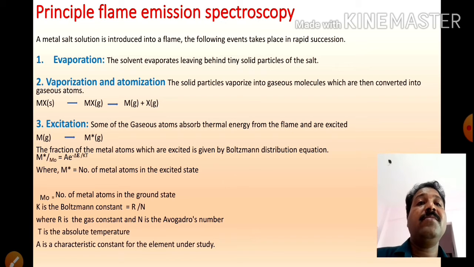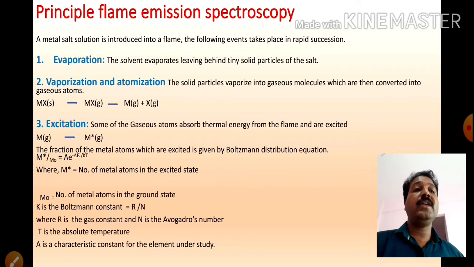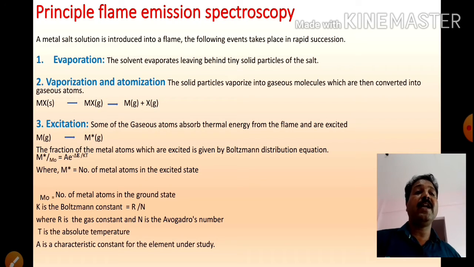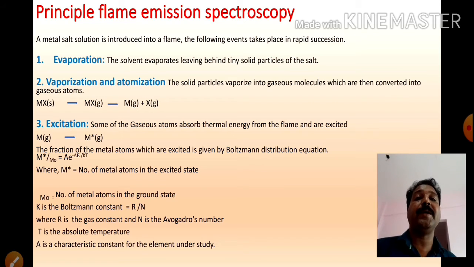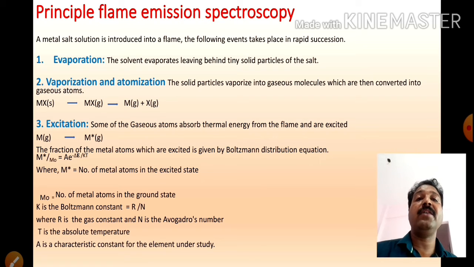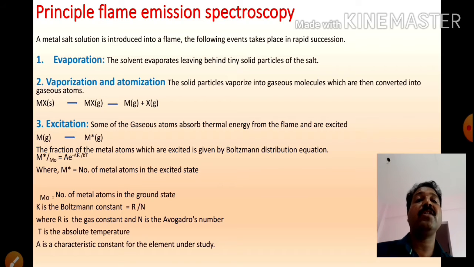The fraction of the metal atoms which are excited is given by the Boltzmann distribution equation. According to that equation, M star upon M0 is equal to A into e raised to minus delta E upon kT. M0 is the number of metal atoms in the ground state, M star is the number of metal atoms in the excited state, k is the Boltzmann constant, that is equal to R upon N, where R is the gas constant and N is Avogadro's number.